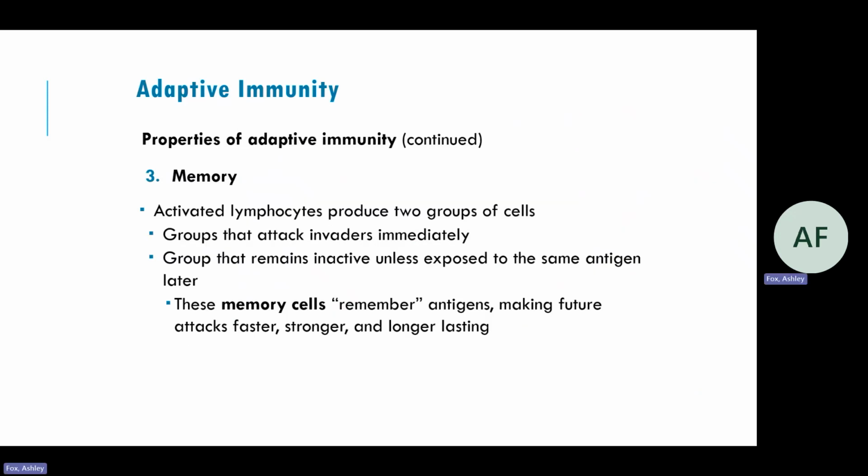I mentioned this a couple of times already. A major property of the adaptive immunity is memory. This allows us to learn and remember, so memory is really important. Activated lymphocytes are going to start to divide. So you have B cells, and they divide into more B cells. And then we're also going to have memory cells.